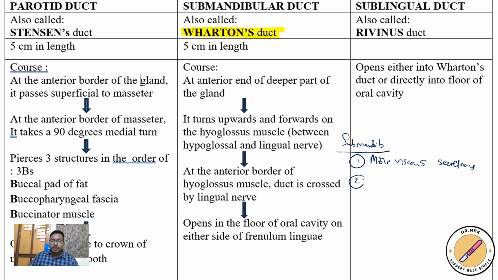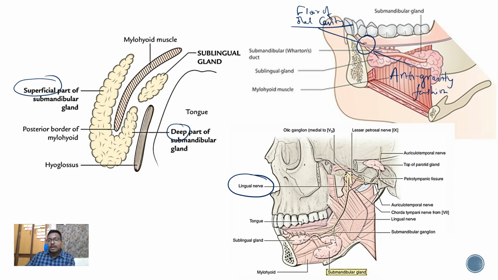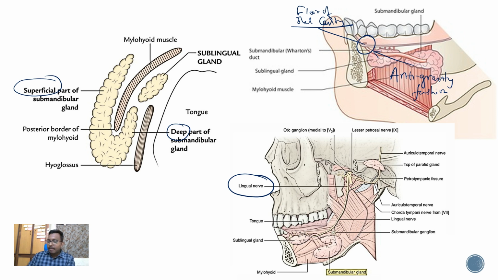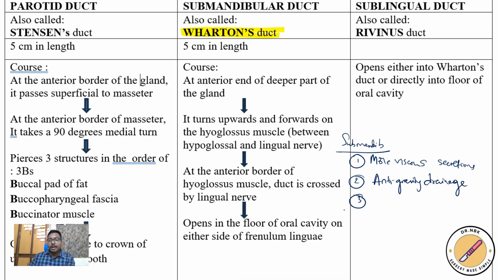Second, as you can see here, the course of the submandibular duct is anti-gravity drainage. Third, in the course of the submandibular duct, it is crossed by the lingual nerve here. You can see the lingual nerve crossing the submandibular duct.